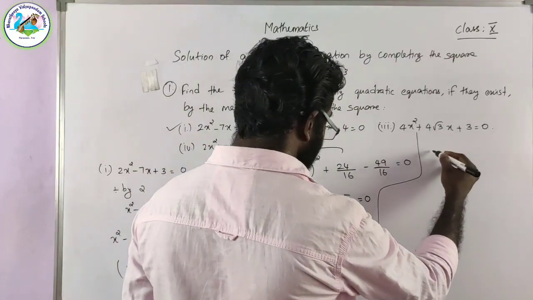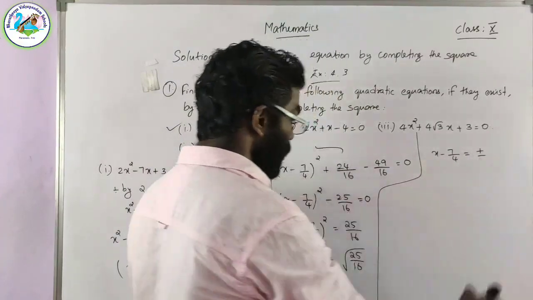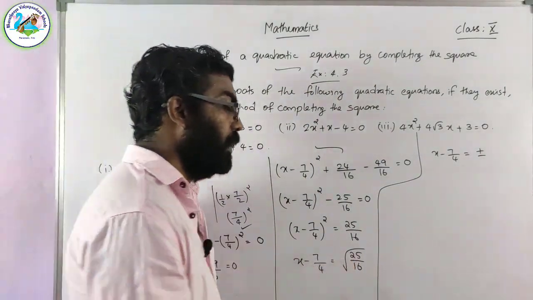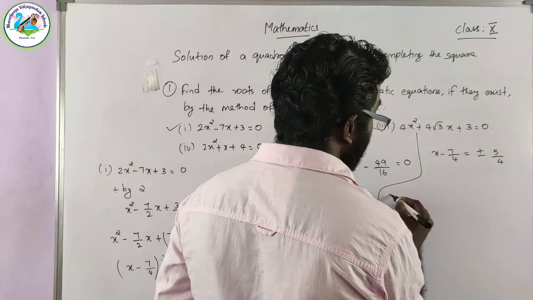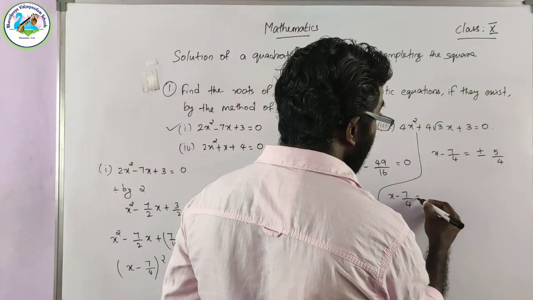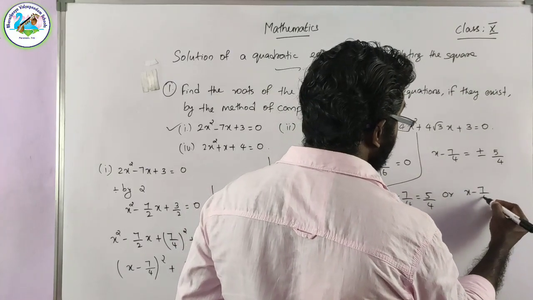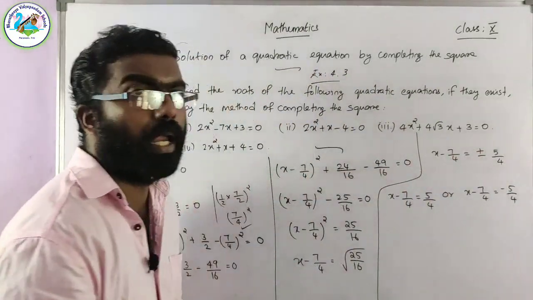Here x minus 7 by 4 is equal to plus or minus, we take the root. Root 25 is 5 and root 16 is 4. That is x minus 7 by 4 equal to plus 5 by 4, or x minus 7 by 4 is equal to minus 5 by 4. We split the term.